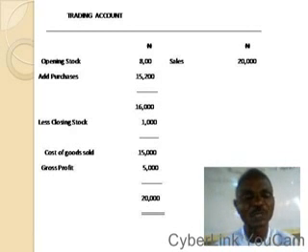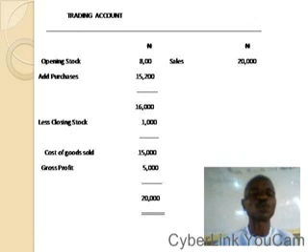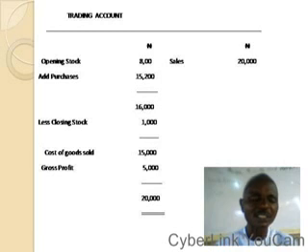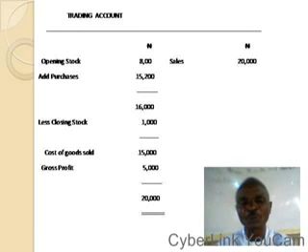And the only 2 or 3 aspects that will be difficult for you to understand is how we arrive at the value of the purchases and how we arrive at the value of the gross profit and the cost of goods sold. To start again, you have the opening stock plus purchases. Purchases is unknown.